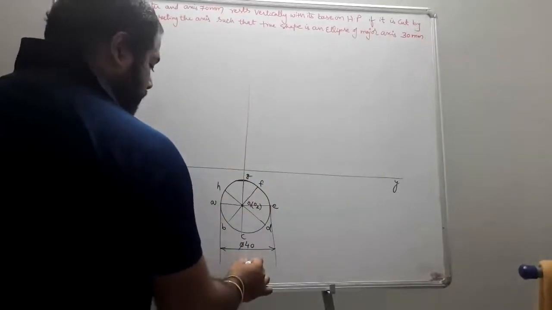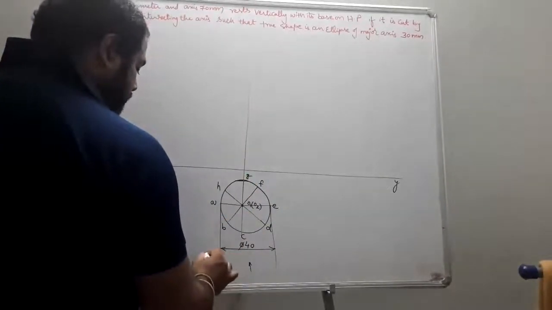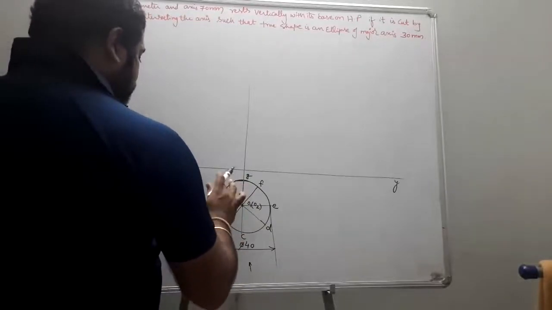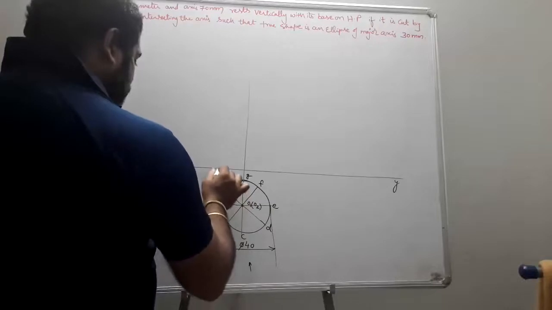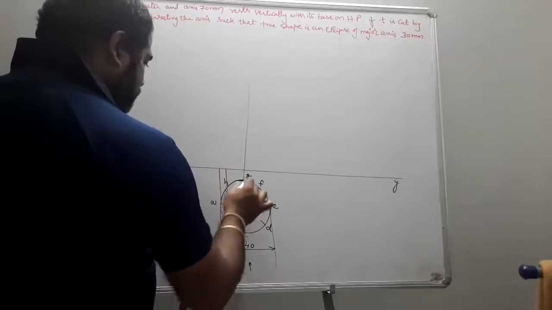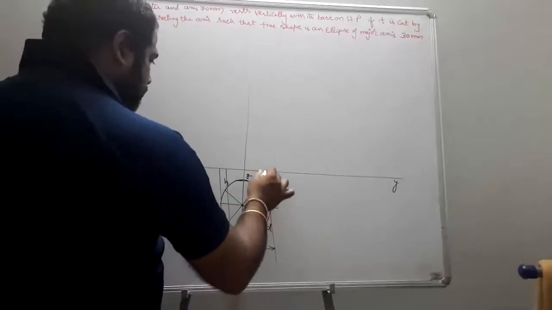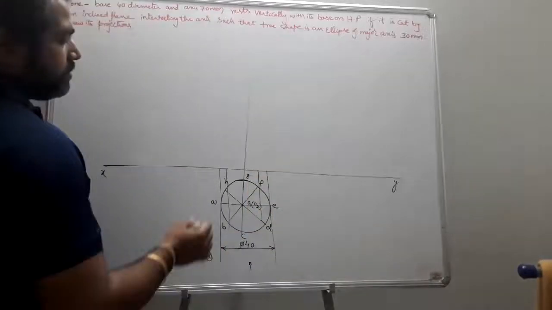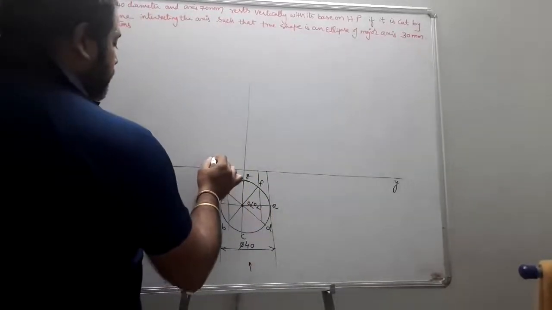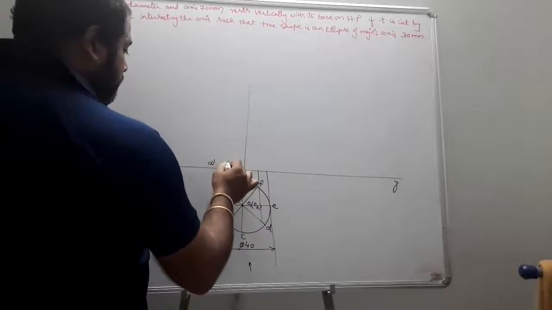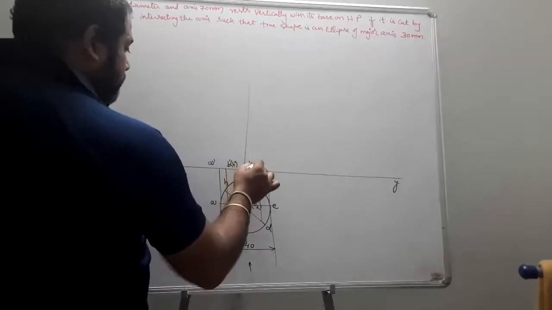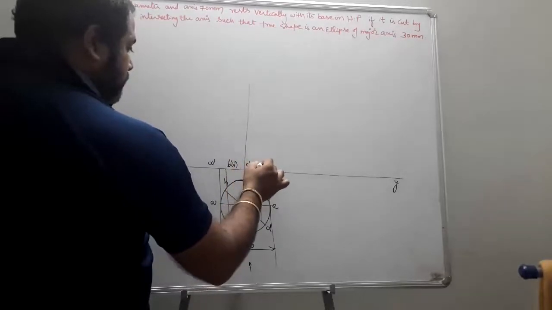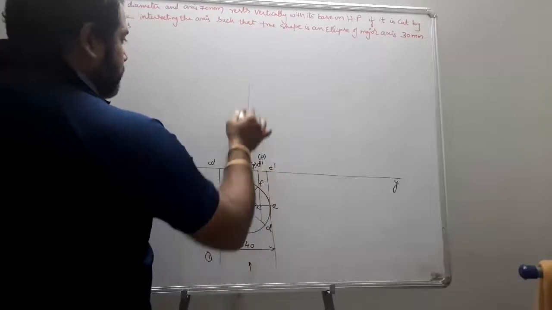So when you are supposed to see from the front, this was step 1. So these points become A dash, B dash, H dash, C dash, G dash, D dash, F dash, and it is E dash.